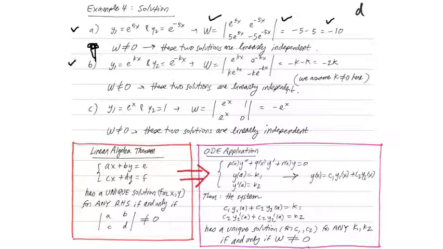Example part B is almost the same thing, just with a general value of k instead of just 5, and pretty much the same thing happens.